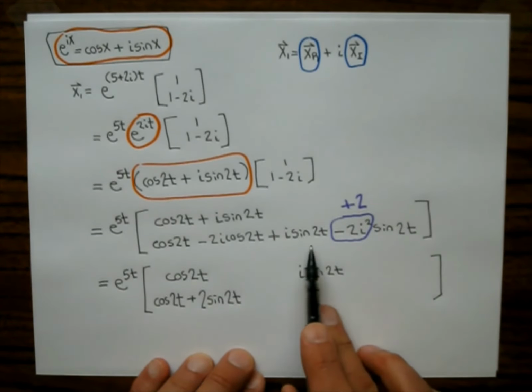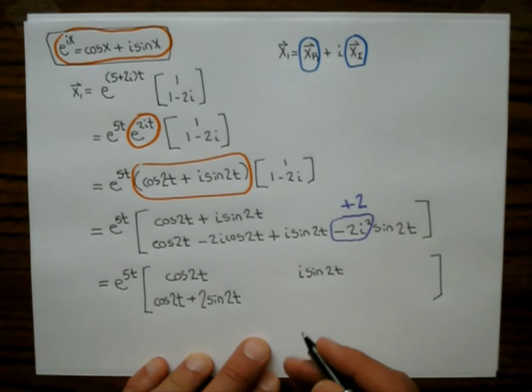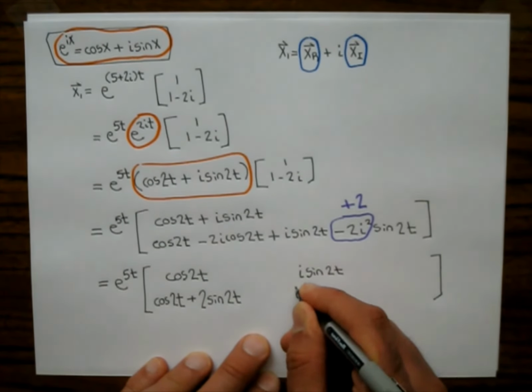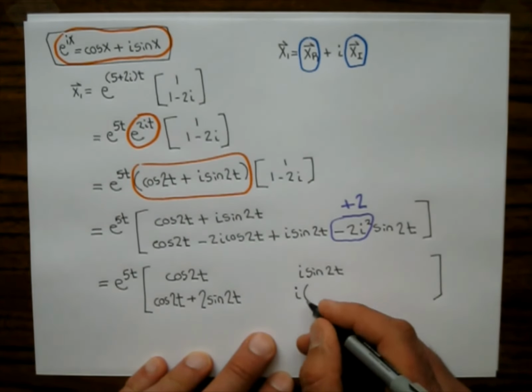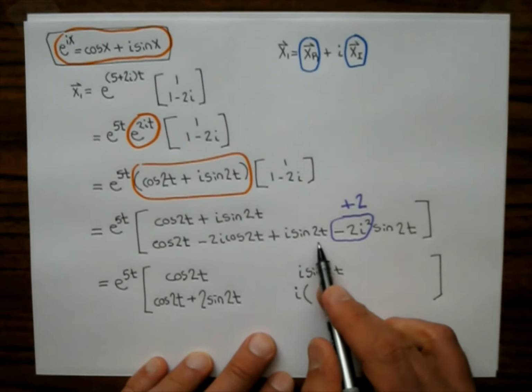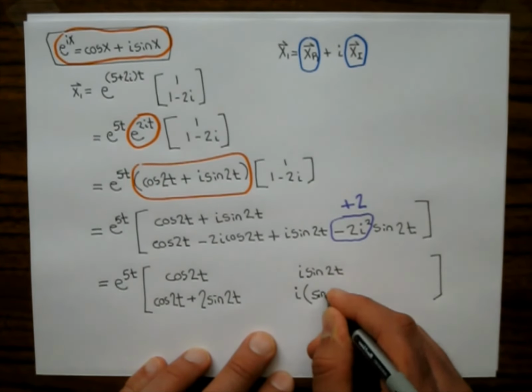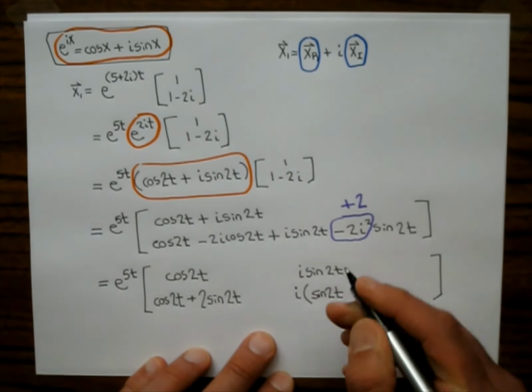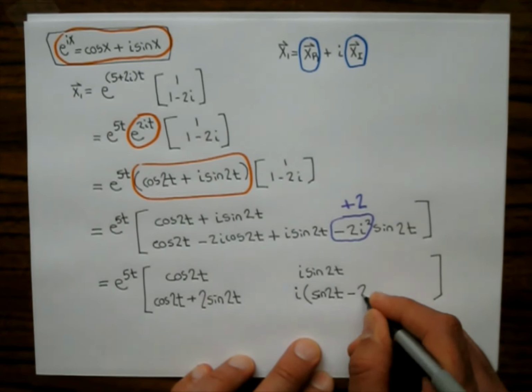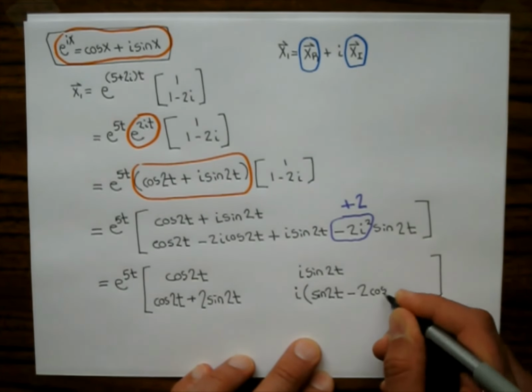Now the ones that have an i are these guys right here. I'm going to put the i here and write it like this, though you don't really have to. So I have i sine 2t, writing them in another order, and then minus 2 cosine 2t.